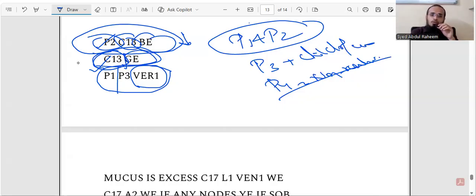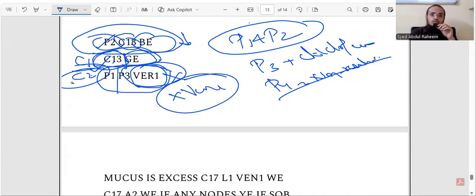If you want to add C1 or C2, that is also good. C2, C13G. Or if it is an infection, add Ver1. And if it is not resolving, then you have to add Ven1 also. So C2, C13, Ven1G. In another remedy, you can add P1, P3, Ver1. So it will give good results.